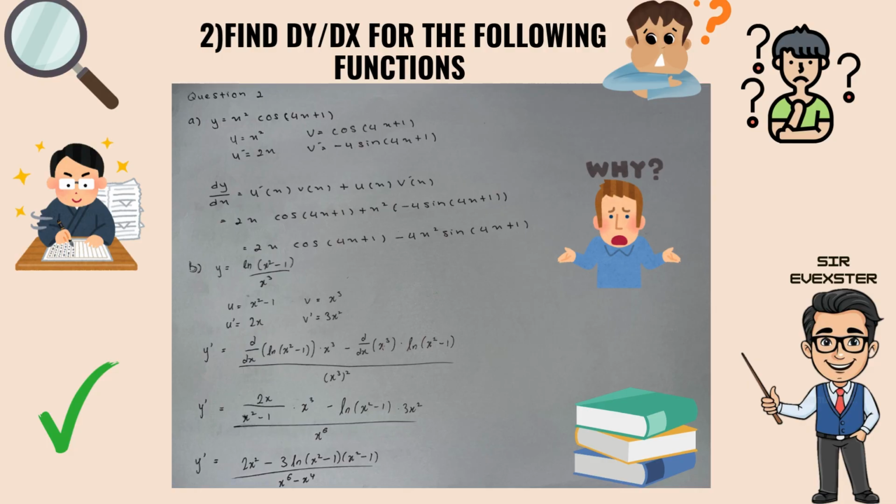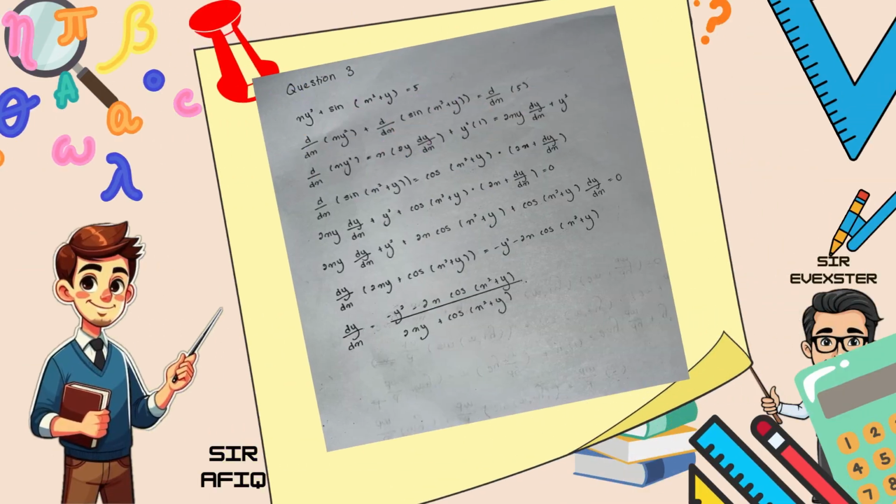Finally, we fix up the top side, and we should get the answer of 2x squared minus 3 ln of the quantity x squared minus 1, over x to the power of 6 minus x to the power of 4.